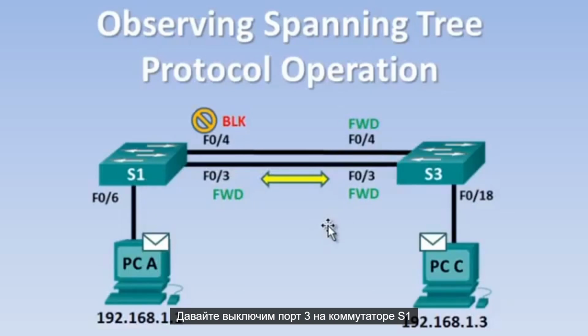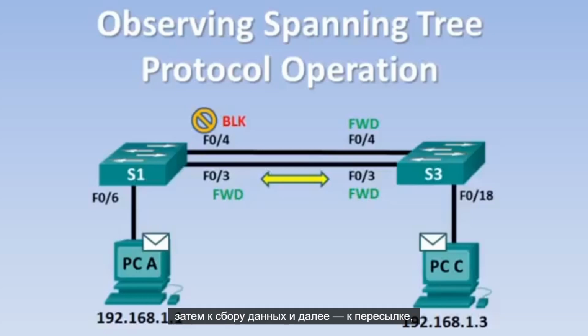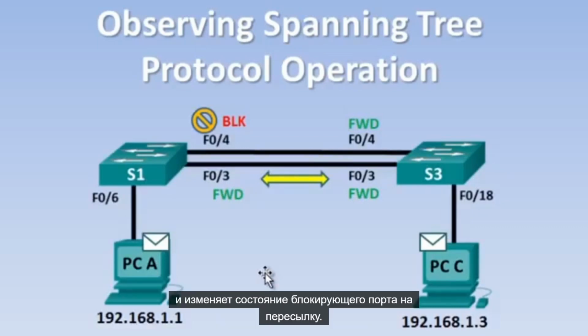Let's shut down switch port 3 on switch S1 and watch as switch port 4 goes from blocking to listening to learning and then to forwarding as the spanning tree protocol notices the change in the network and changes the blocking port from blocking to forwarding.